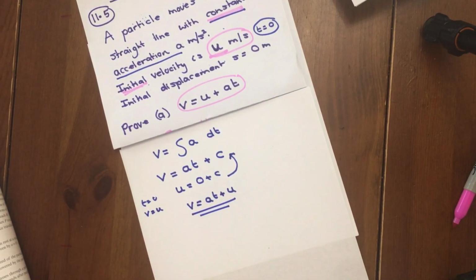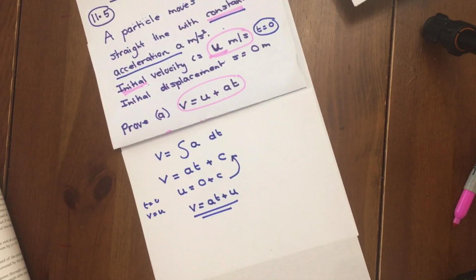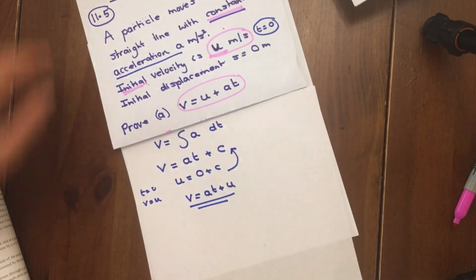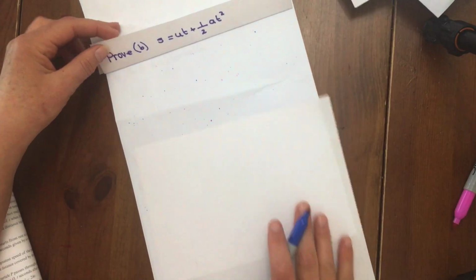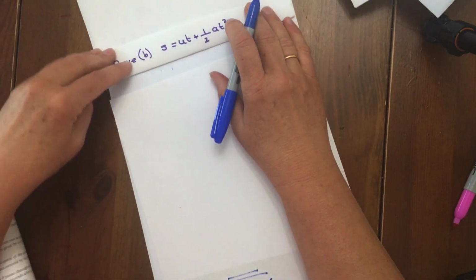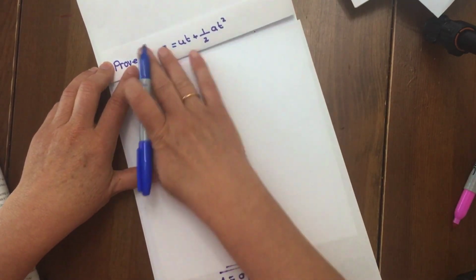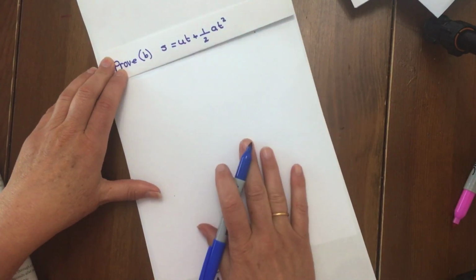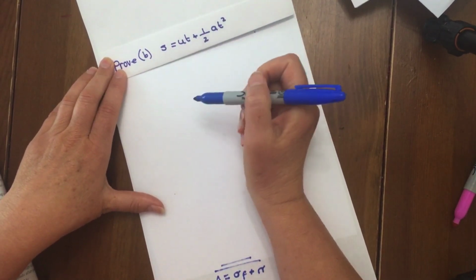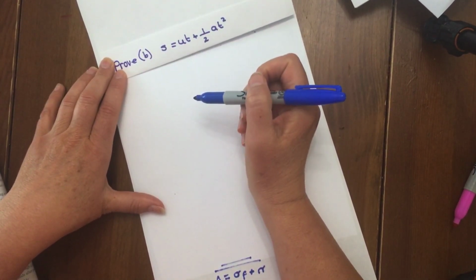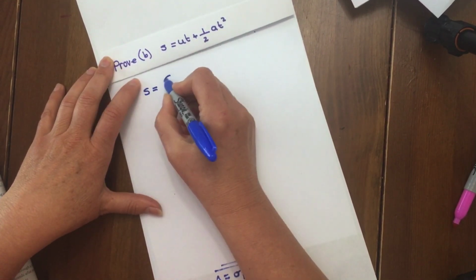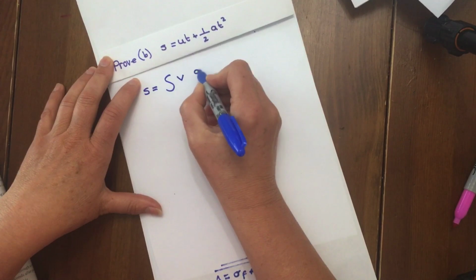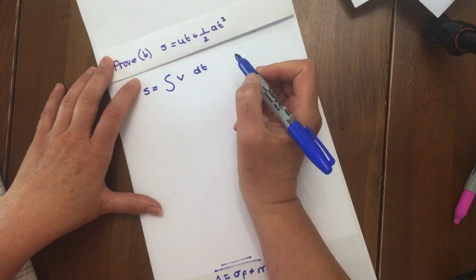Okay, so that wasn't too hard. Let's look at another equation that we can now prove. So this time we're going to look at this equation. This is part B, this kinematic equation here, where a is constant acceleration. Well, to get displacement, we integrate velocity.